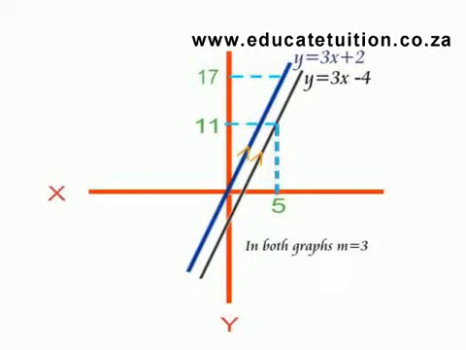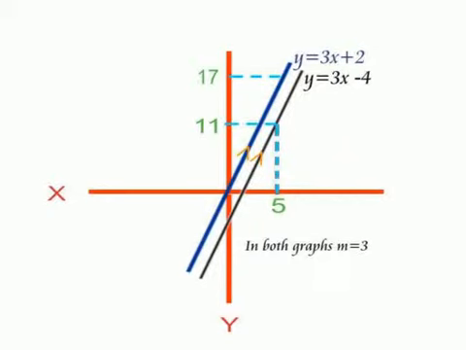Hence they are parallel. That brings us to the first rule when dealing with gradients. When lines are parallel, the gradients are equal. Alternatively, when the gradients of two lines are equal, those two lines are parallel to each other.